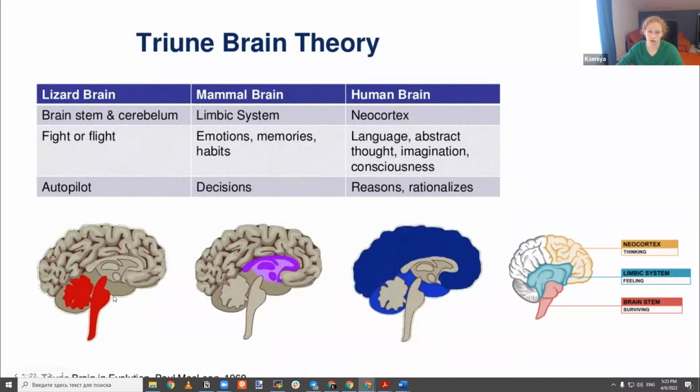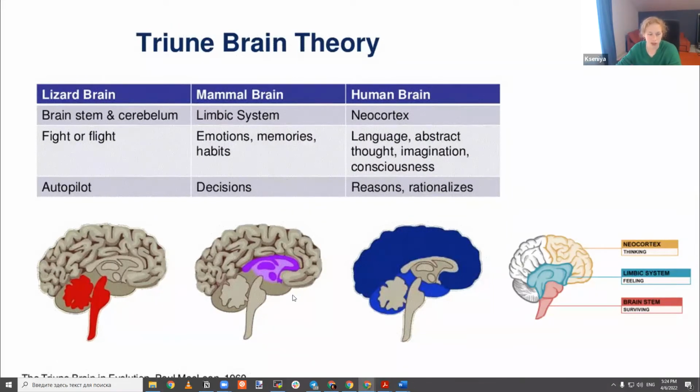So the aim of the first part, the reptilian complex, is surviving. So it has such functions as breathing. Most of the locomotion systems are connected with the brainstem and cerebellum.